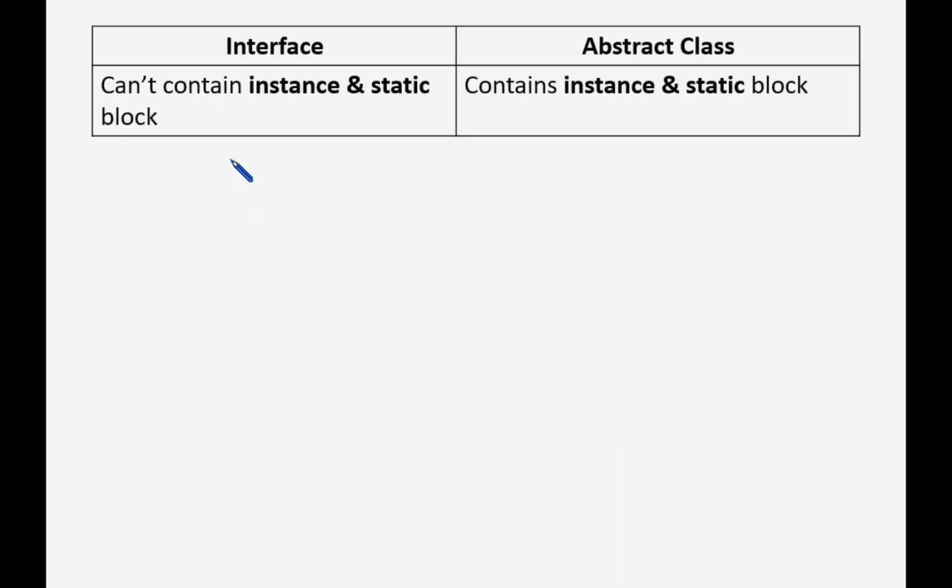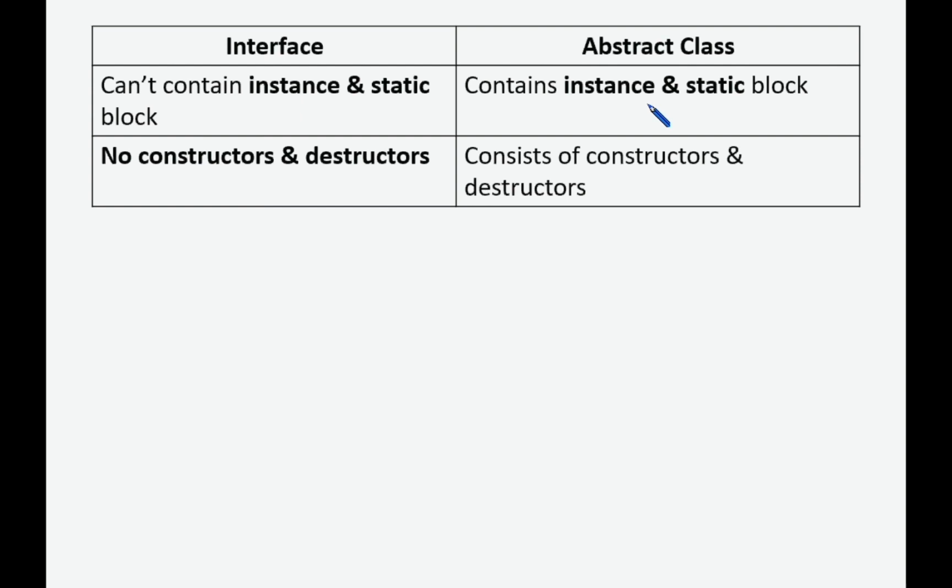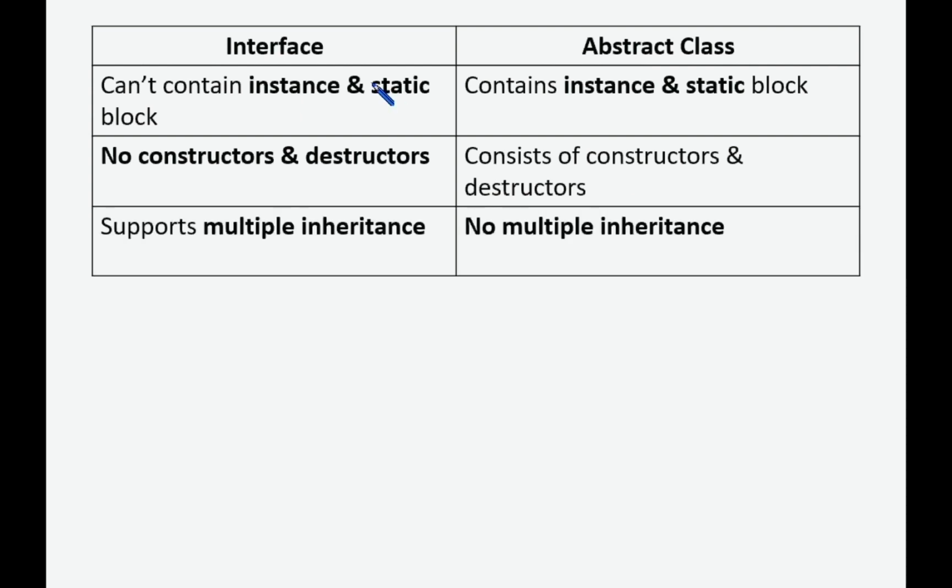Next difference. Inside an interface, we can't give any instance or static block. Whereas in case of abstract class, we can give instance and static blocks. Next, inside an interface, we can't give any constructors and destructors. Whereas in case of abstract class, we can give constructors and destructors.